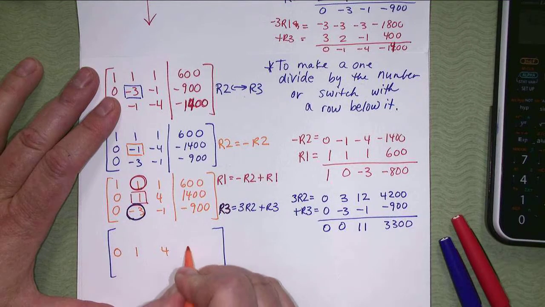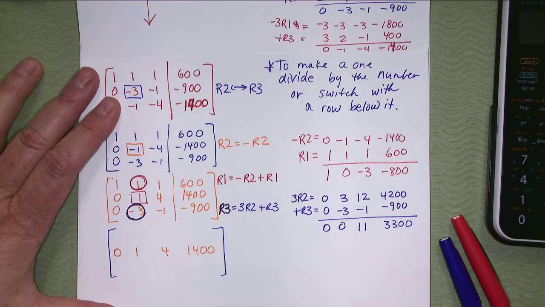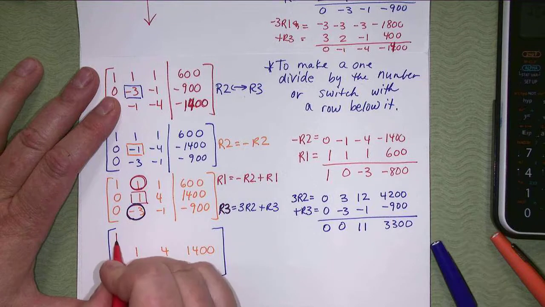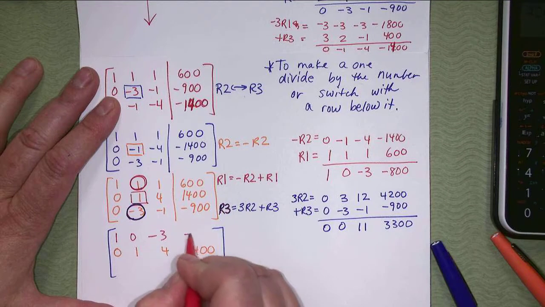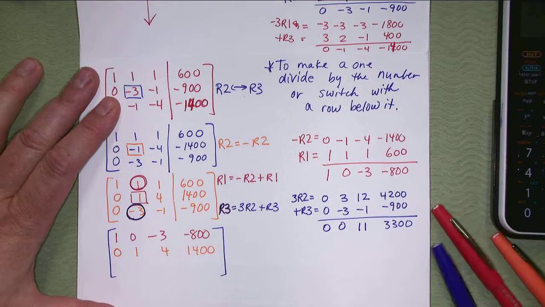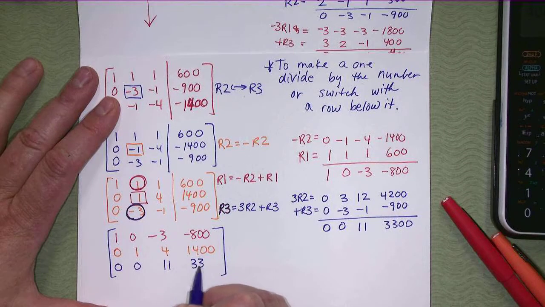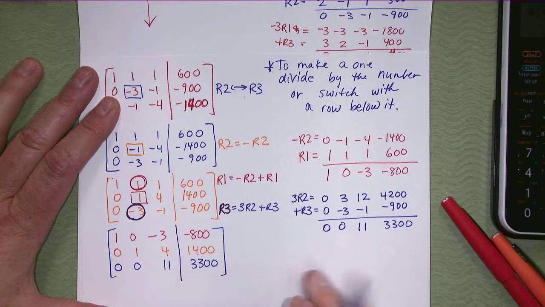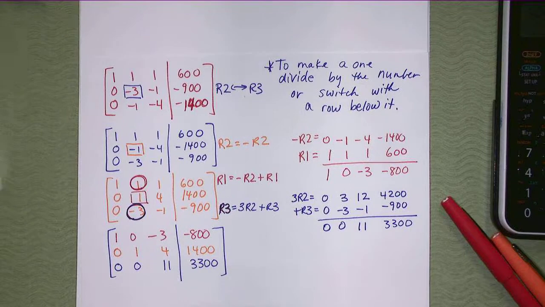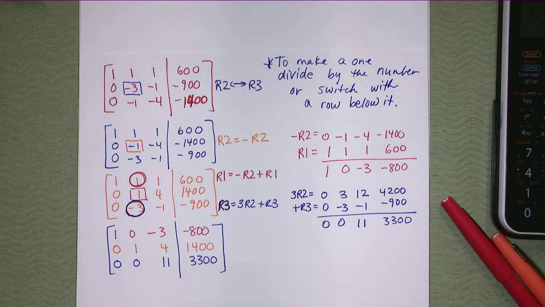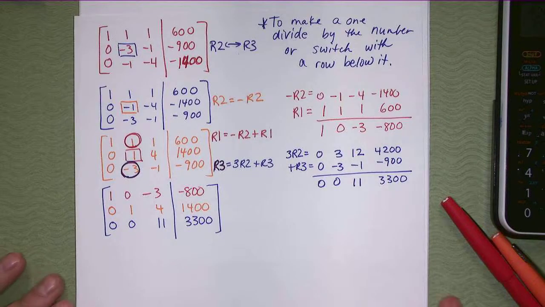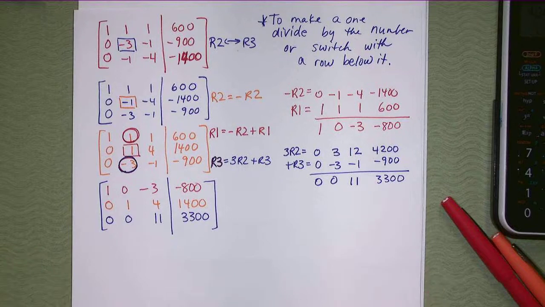We changed row 1 and row 3. Sort of like 9 steps. Sometimes you don't need all 9 because something's already a 1.